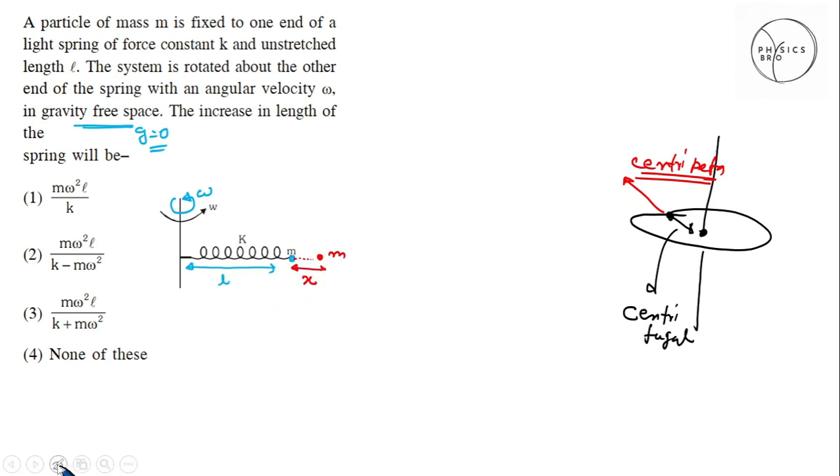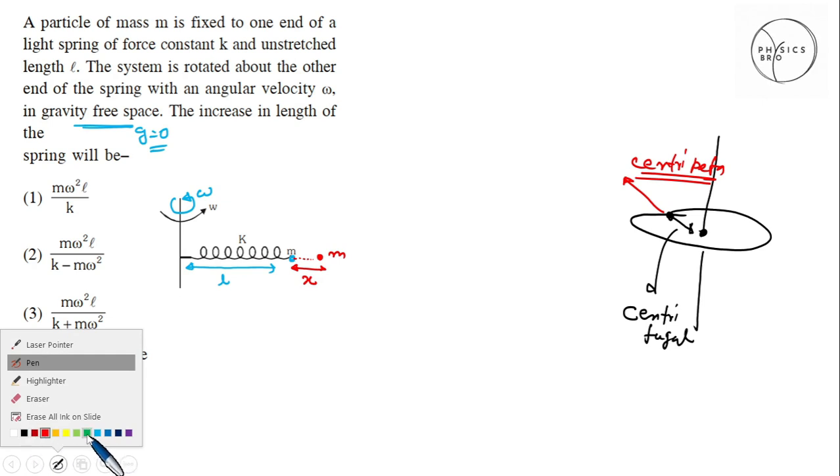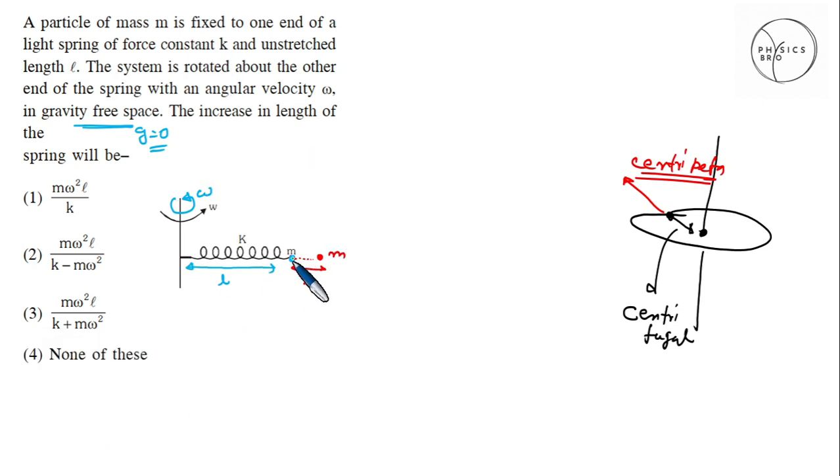Now we will discuss the forces. So what are the forces on the body? The body feels a force here, and this force is balanced by some spring force, the restoring one. Clear?